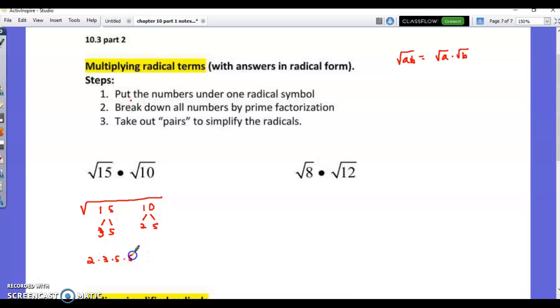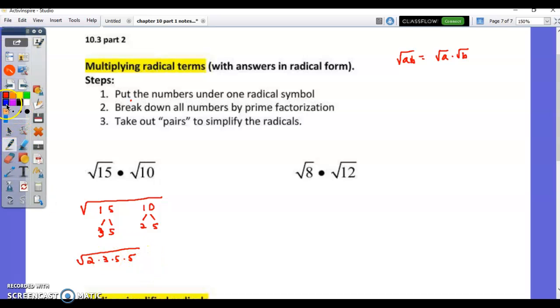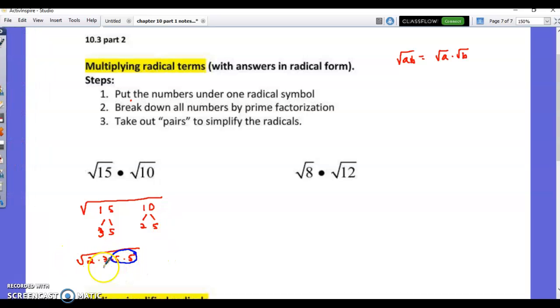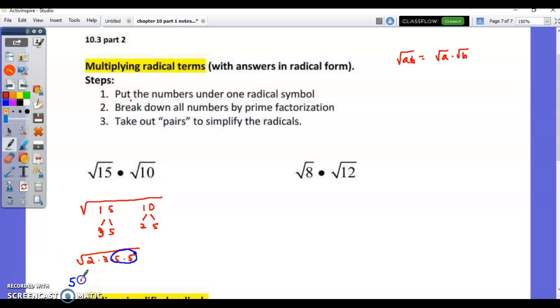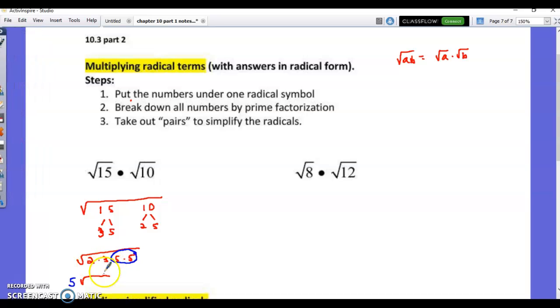I'm just listing them in order so we can see our pairs next to each other. In this case, we have a pair of 5s. I'm going to circle that pair. That pair comes out, so the 5 comes out. There are no other pairs left inside the radical, so we have 2 times 3, which is 6, inside the radical, and that's it. That's our final answer: 5 times the square root of 6.